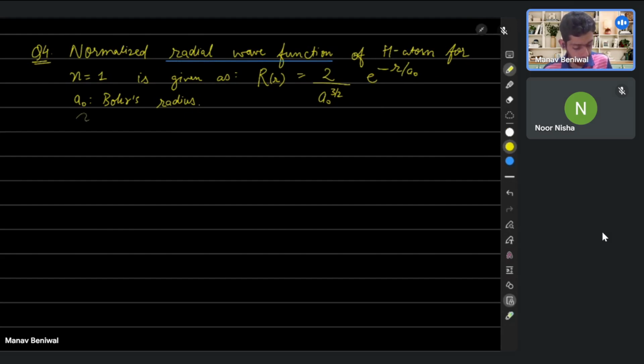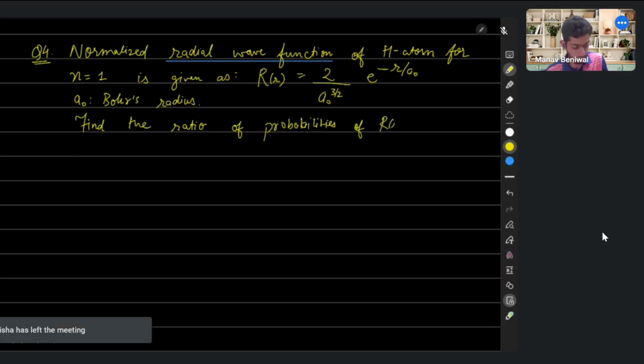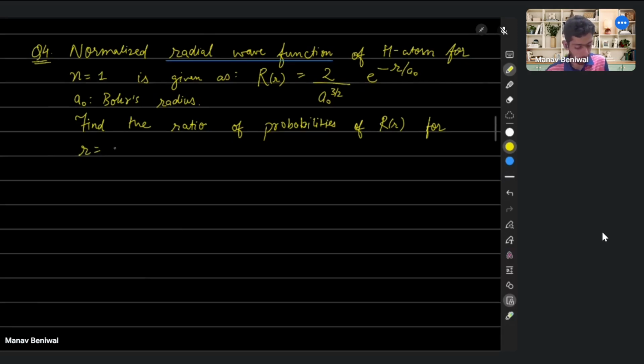Okay, so the question is: find the ratio of probabilities of R for R equals a naught and R equals 3 a naught.